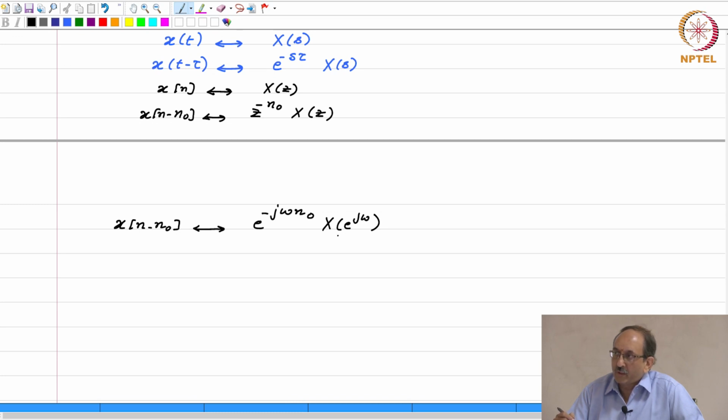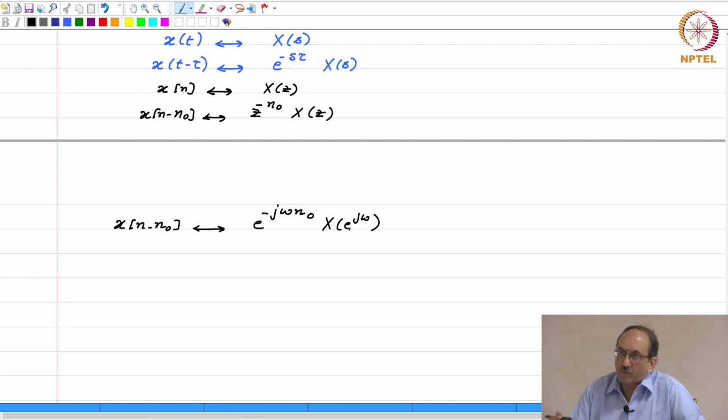Therefore, you can actually plot it in 3D. You need 1 dimension for omega, the independent variable, and 2 dimensions for the dependent variable, real part and imaginary part. Typically, what you have been using when you plot the Fourier transform in the continuous time case is magnitude versus frequency and phase versus frequency.